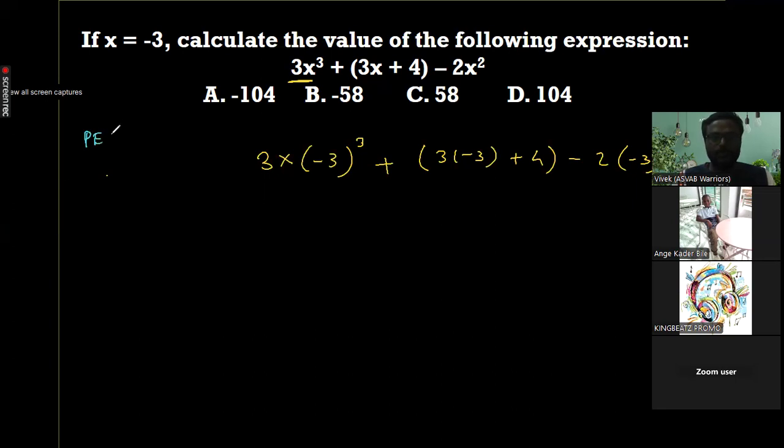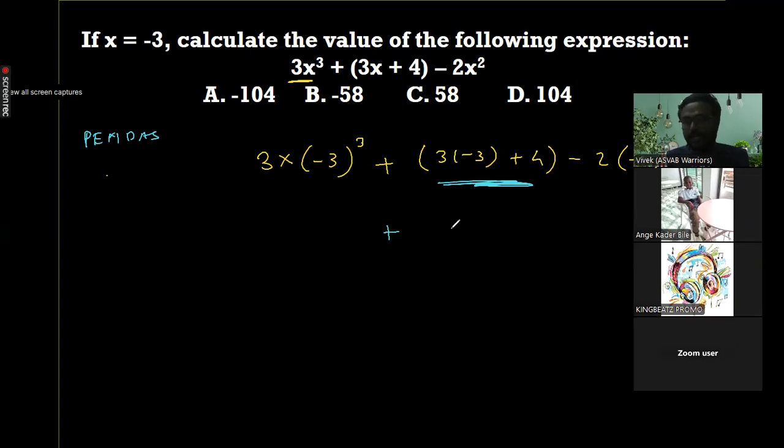So PEMDAS. We have parenthesis over here. Let's solve that first. So negative 3 times 3 would be negative 9. Negative 9 plus 4 would be negative 5.